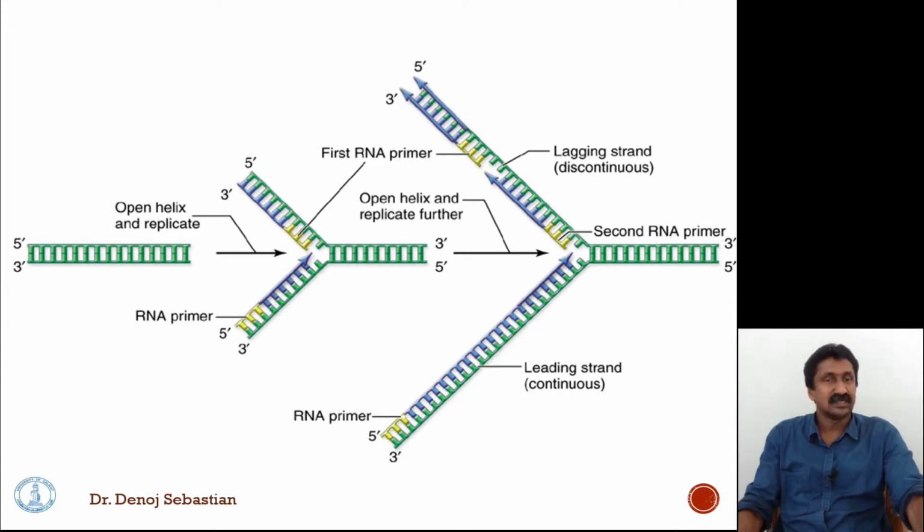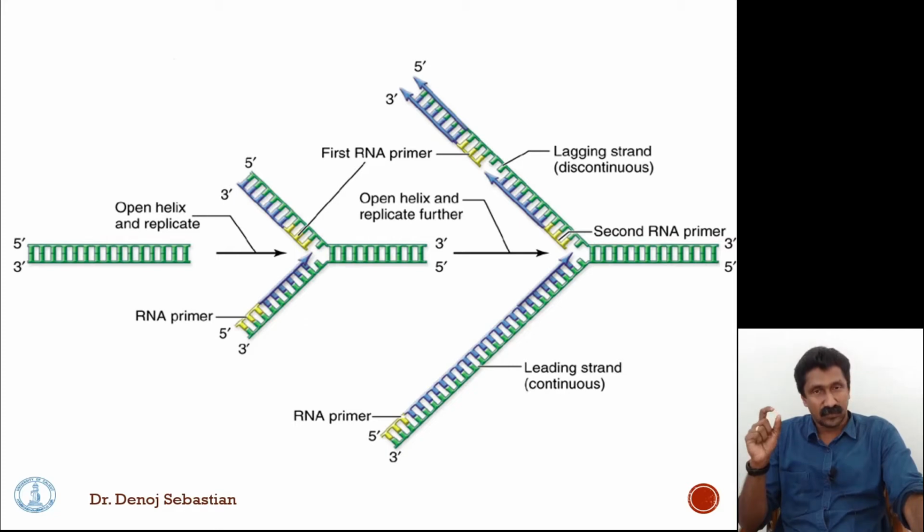Now the fact is that the replication fork moves only in one direction, and during that process it will copy the lagging strand also, using a special loop formation process that we will discuss.